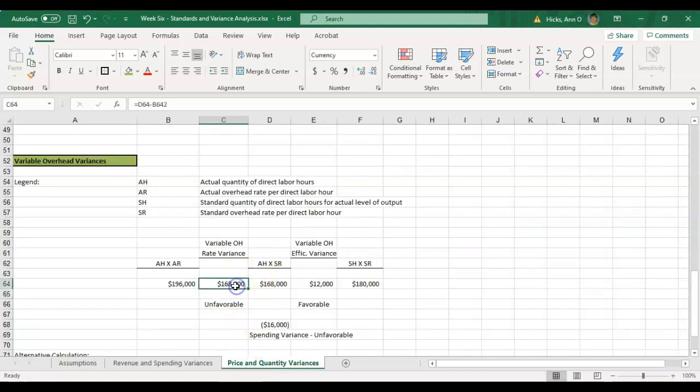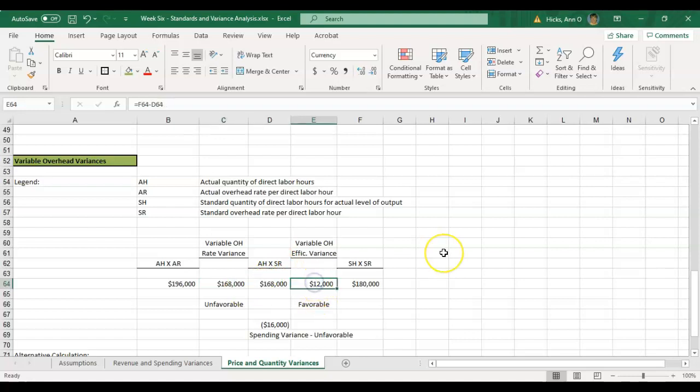Now, this is the most important component of the variable overhead variance analysis, because this is where we see the impact of spending more or less than what we had intended.